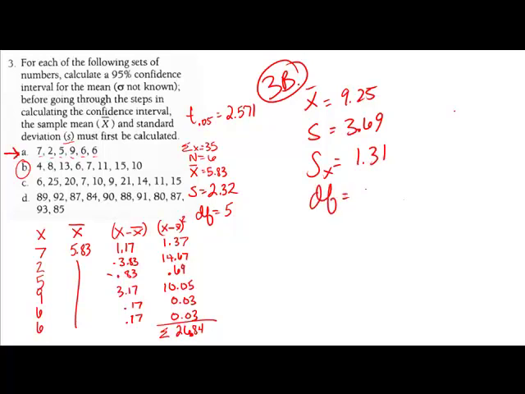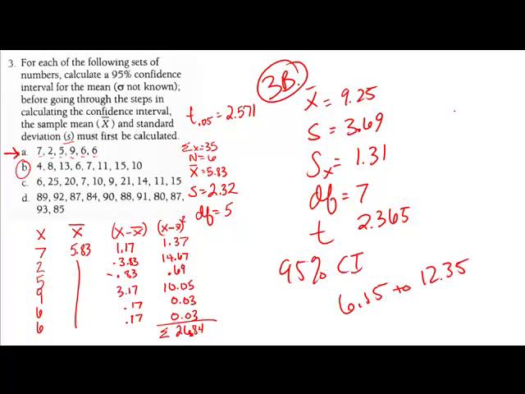Degrees of freedom is 7. Your value of t is 2.365. And the 95% confidence interval ranged from 6.15 to 12.35. So hopefully you are close. Let's go on to the next one.